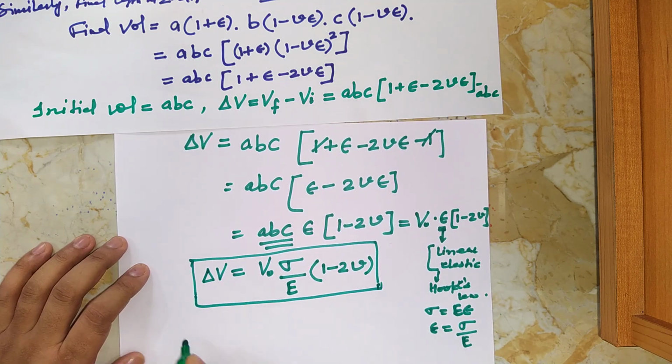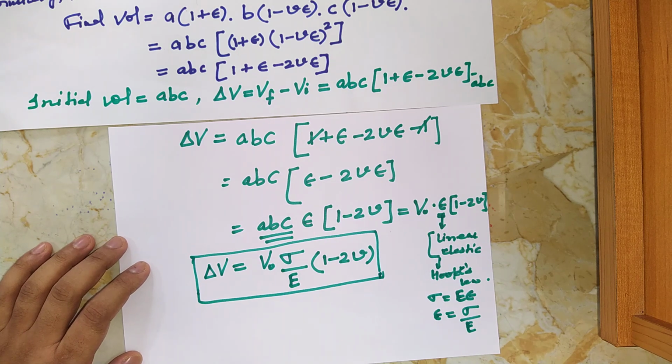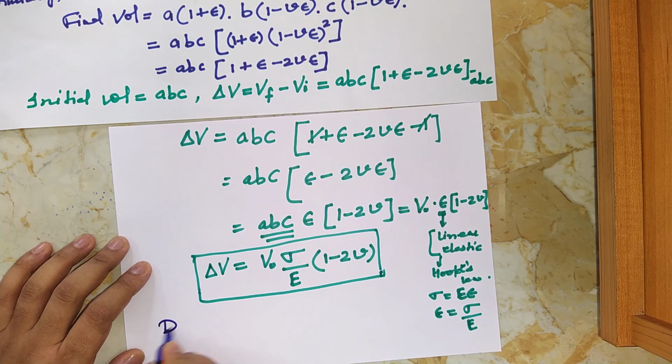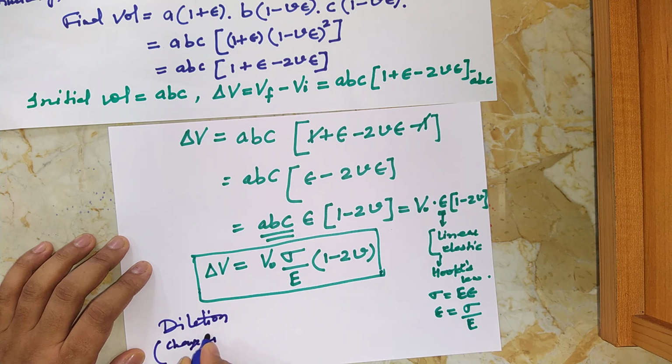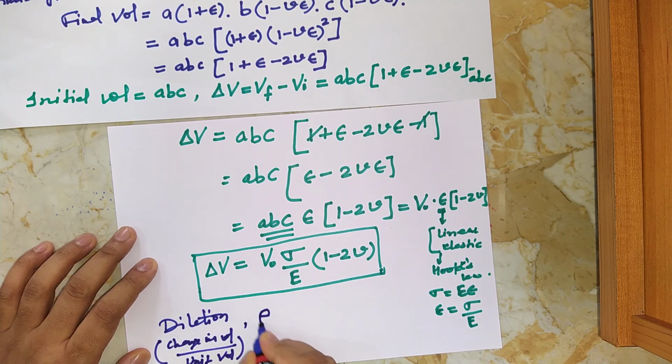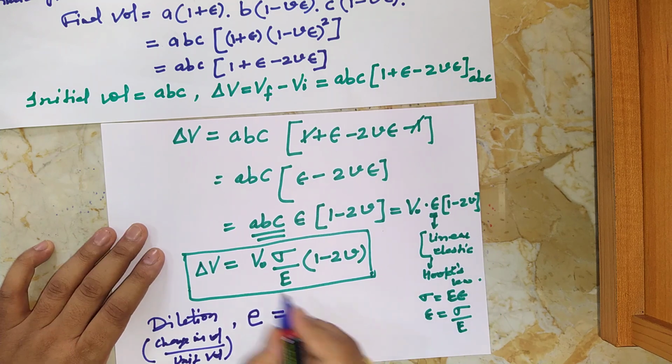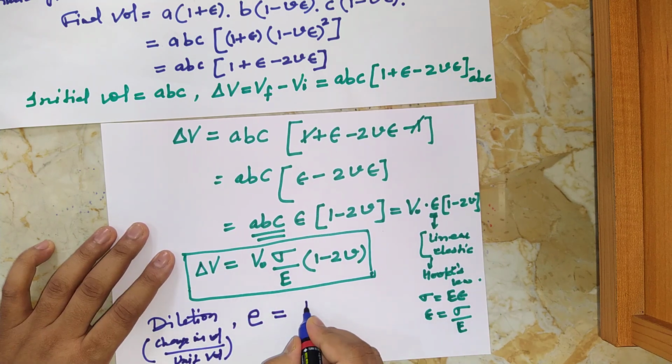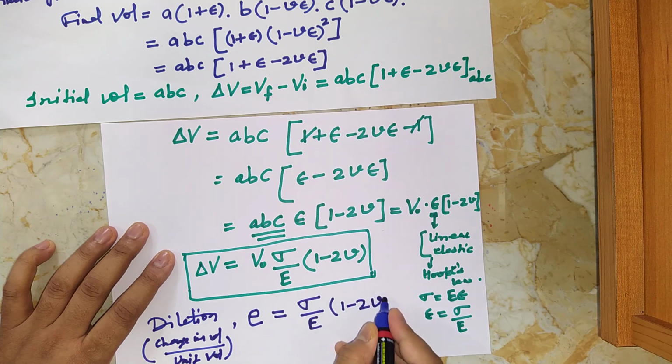So let us understand one more term here, that is called dilation. Dilation actually means the change in volume per unit volume. Okay, so our dilation, which is denoted by e, will be divided by V naught, so it becomes sigma by E (1 minus 2 nu).